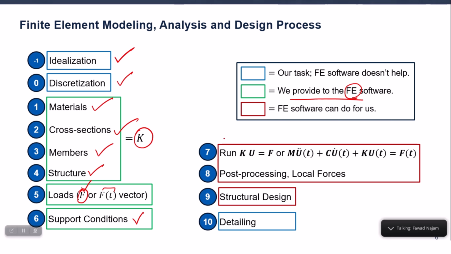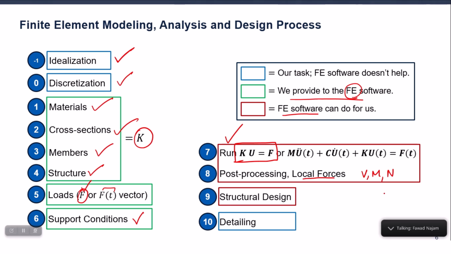This is something which finite element software can do for us. So, all the green boxes we have to provide to the program, and all the red boxes the program can do for us. It can solve this equation and give you all the analysis outputs. It can give you local forces like shear forces, bending moments, axial forces for example, and all that.